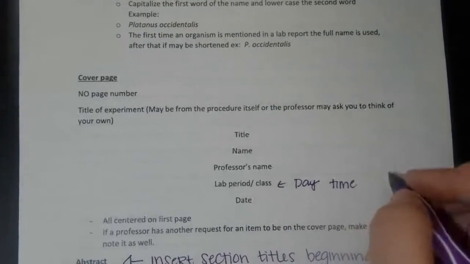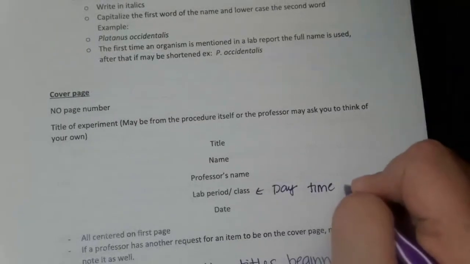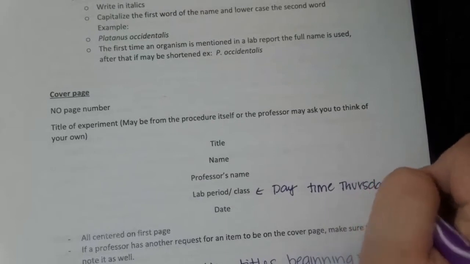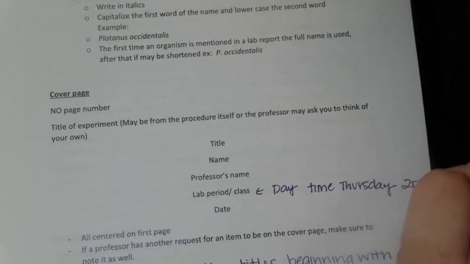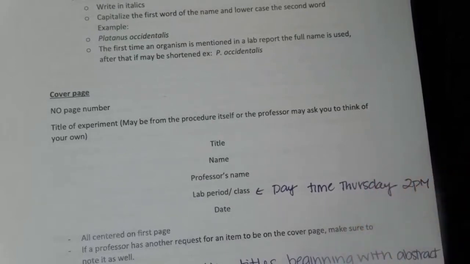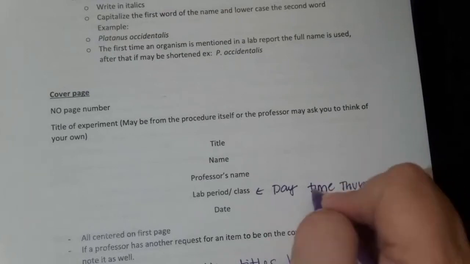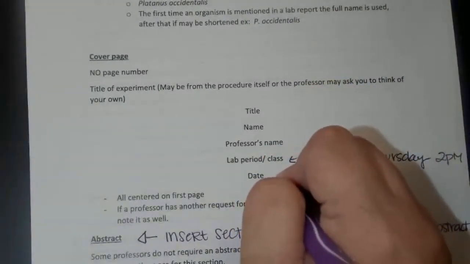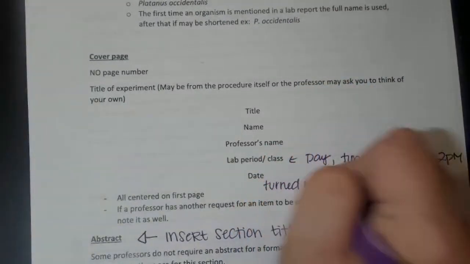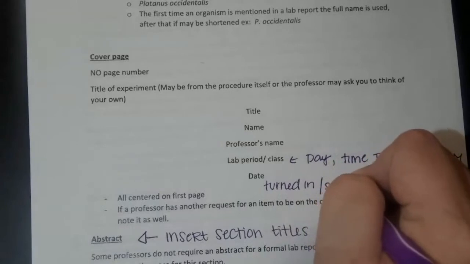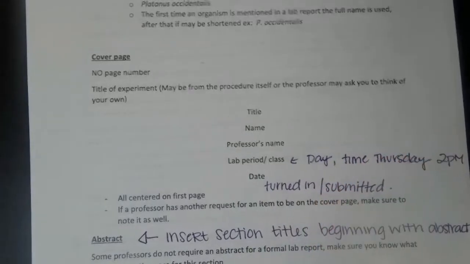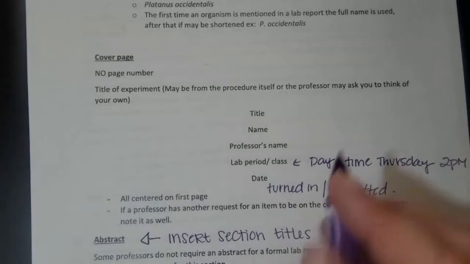So for example, if you're in my Thursday 2 p.m. lab, that's what you put. Okay. And then the date. This is the date it is turned in or submitted. Okay, this is all centered on the first page.